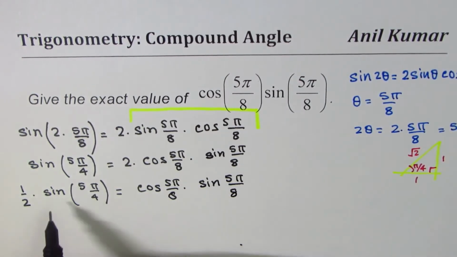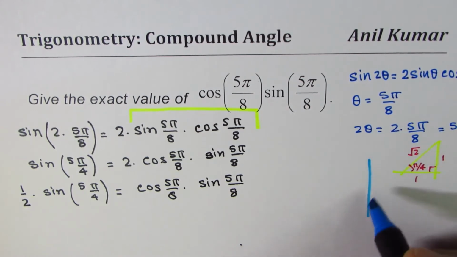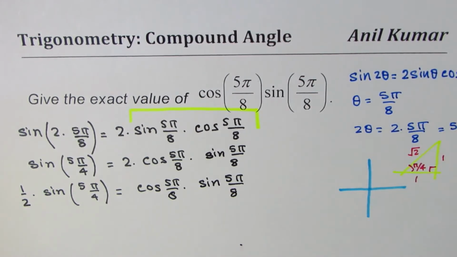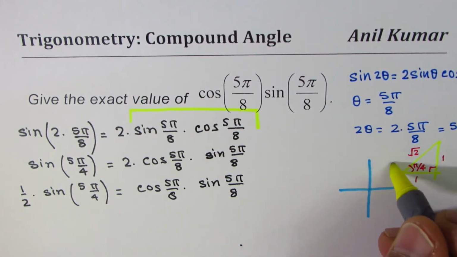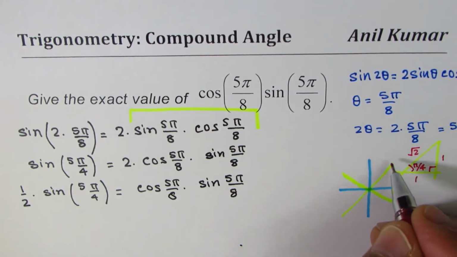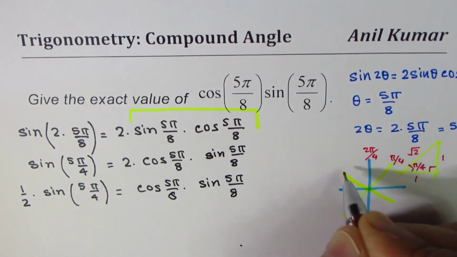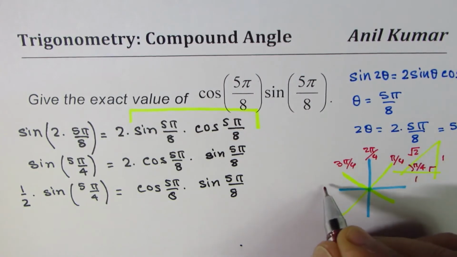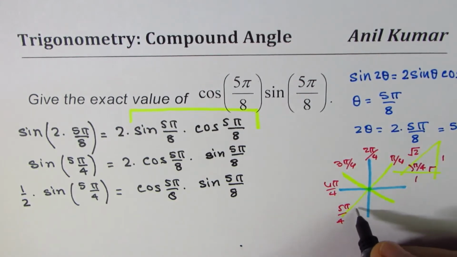Now what is sine 5 pi by 4? If I divide it into pi by 4s, then we have pi by 4, 2 pi by 4, 3 pi by 4, 4 pi by 4, and 5 pi by 4. So we are actually in quadrant 3.